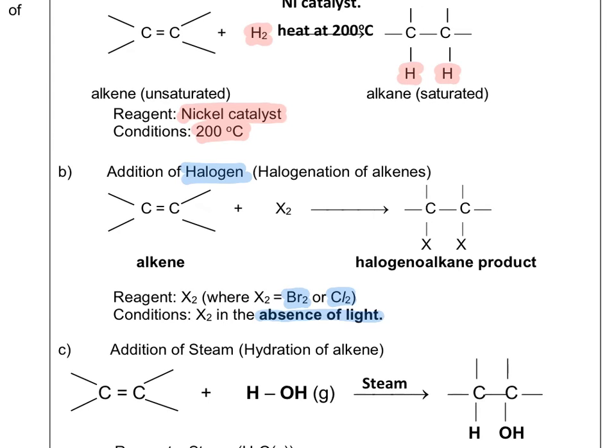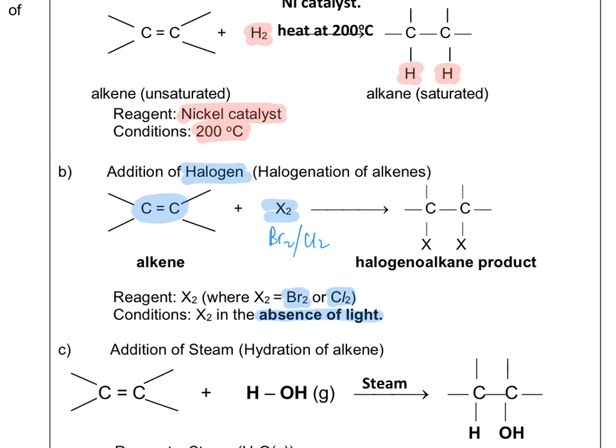The equation shows that across the double bond, you add your halogen. If it's Br2, then this will be Br and Br, and if it's Cl2, it will be just Cl and Cl. Very clear.